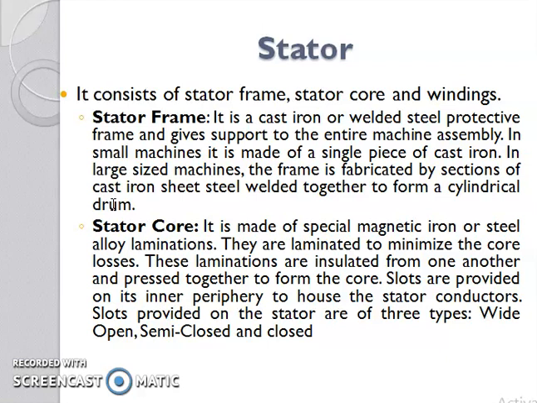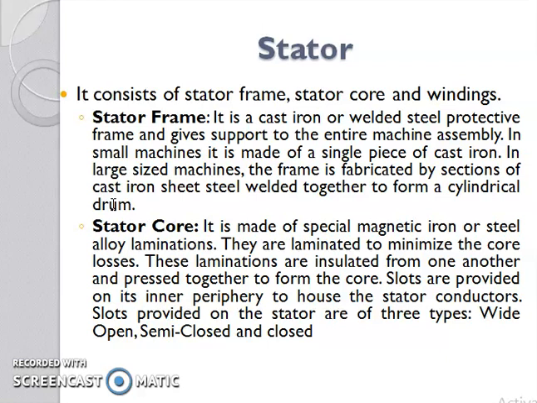The stator core is made up of special magnetic core or steel alloy laminations. They are laminated especially to minimize the core losses. These laminations are insulated from one another and pressed together to form a core.